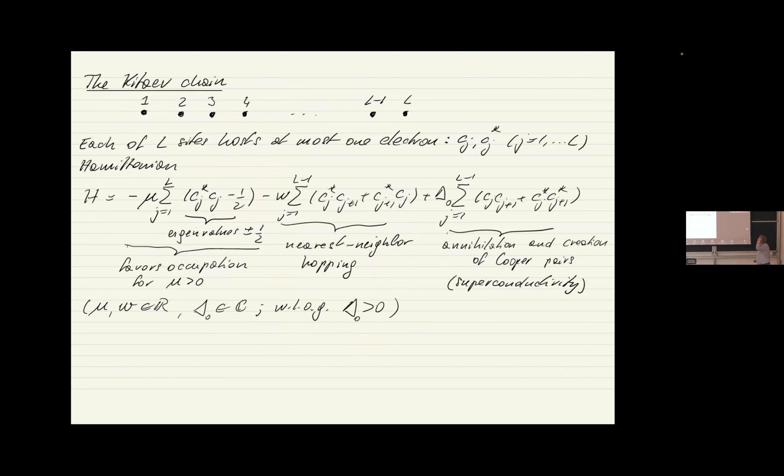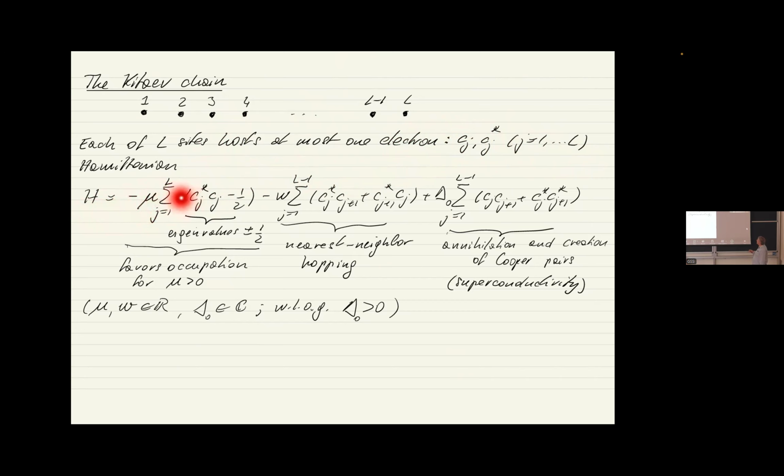Good. And now let me introduce the Kitaev chain. It's a chain consisting of L sites, and each of the L sites hosts at most one electron. So for each site j, from 1 to L, you have a creation and an annihilation operator. And there you write down, or Kitaev wrote down, this by now famous Hamiltonian.